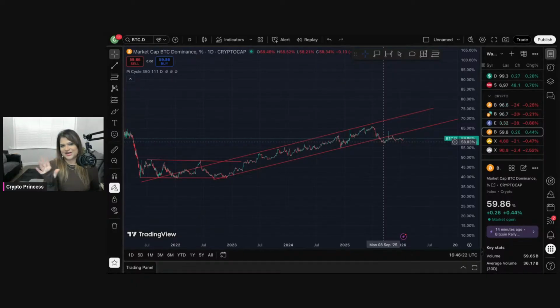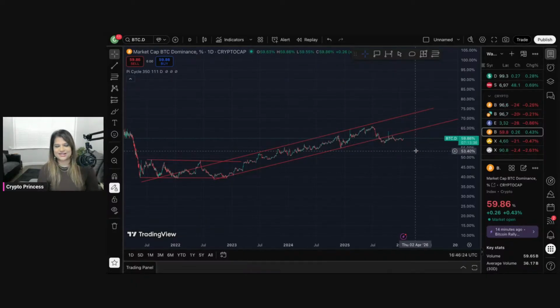If they get interest in stable coins, they are just going to explode. So this trend line here is going to be a resistance until we can go above it, if that makes sense.